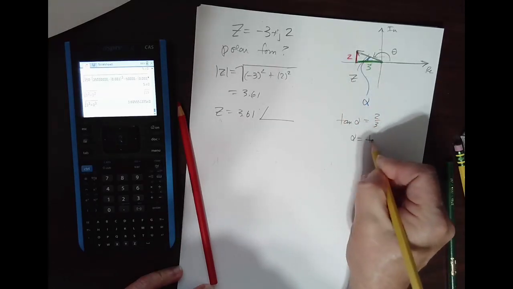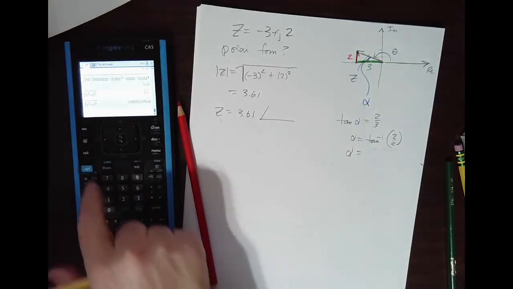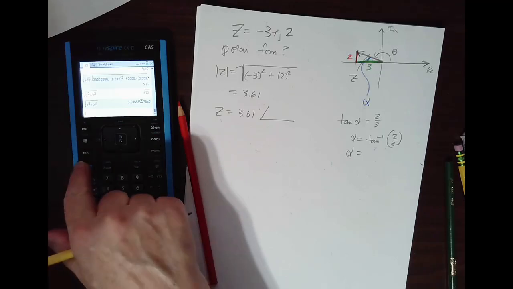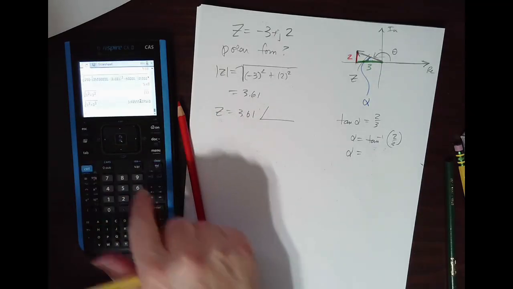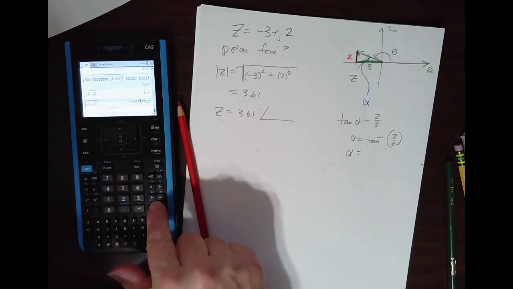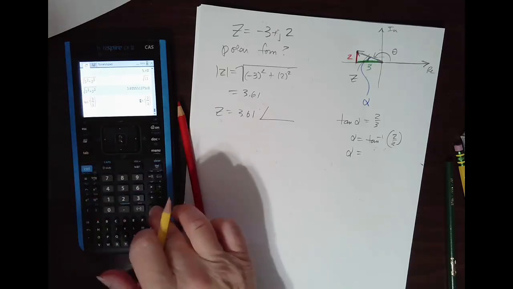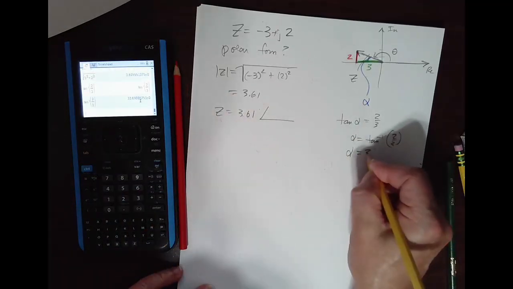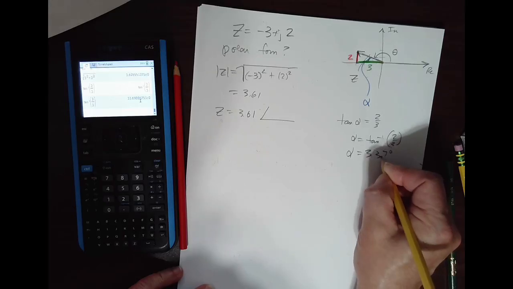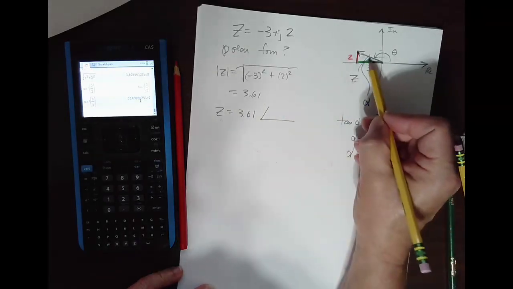So alpha is inverse tangent of 2 divided by 3, which is 33.7 degrees. Okay, but alpha is not the angle of z, because alpha is the angle in here.